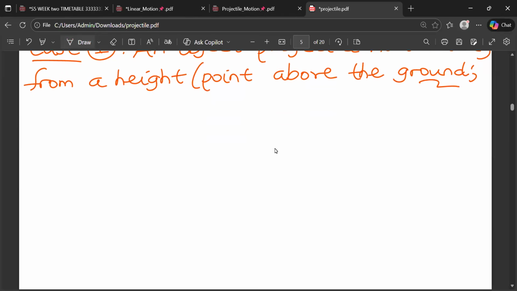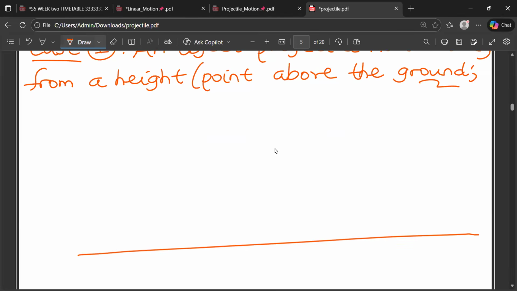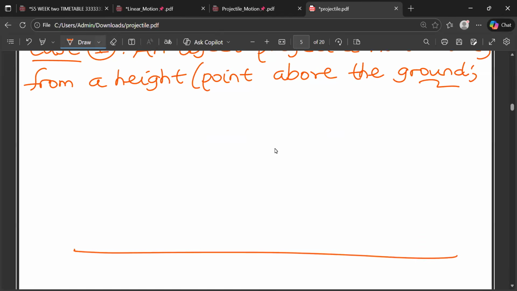So as usual, we are going to have our ground here. I don't know if that line is straight, but I'll try. Forgive me in case it doesn't come out as a straight one.